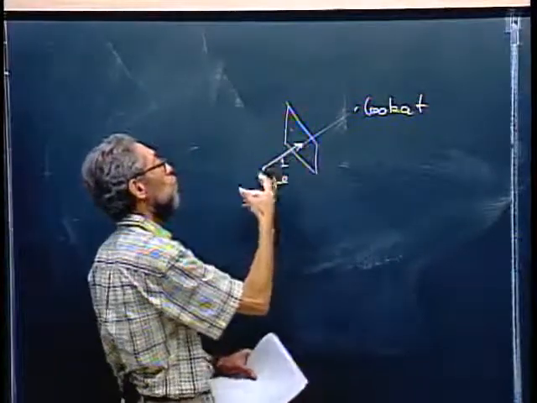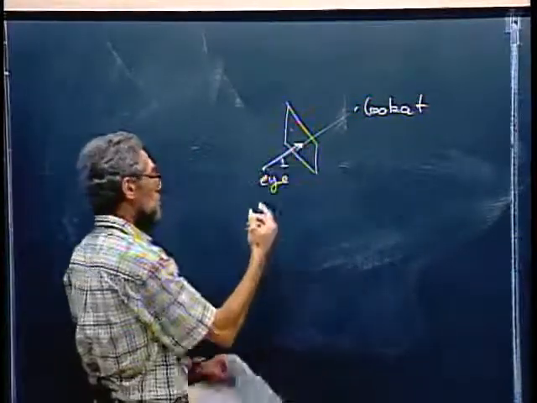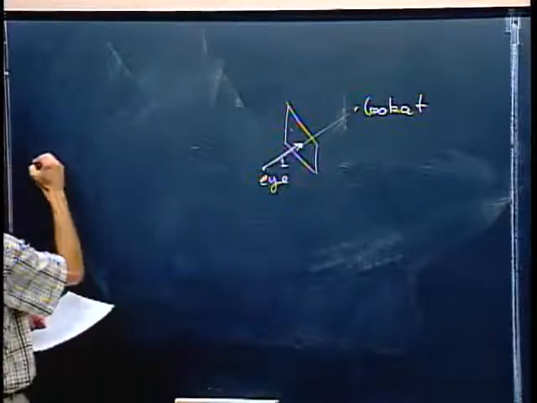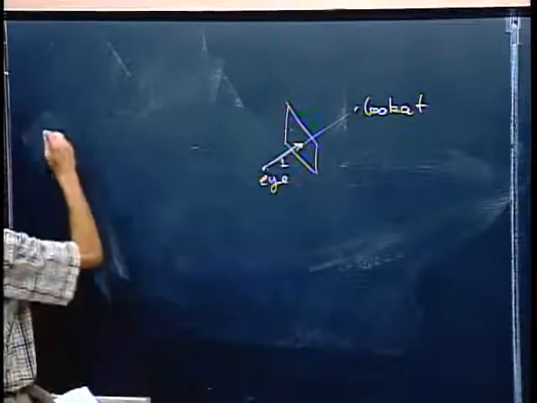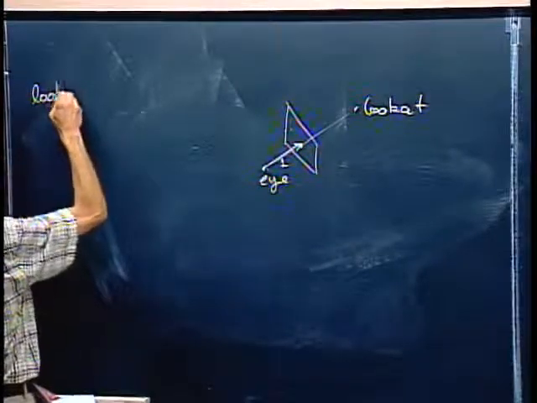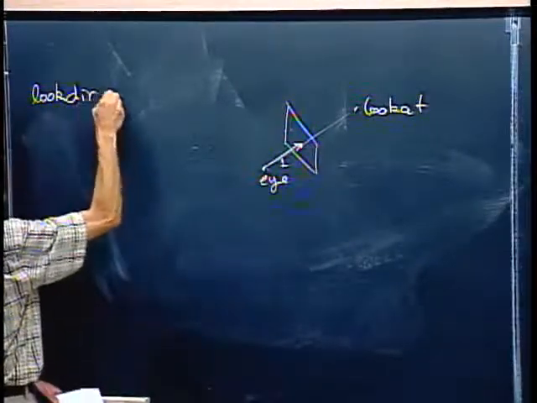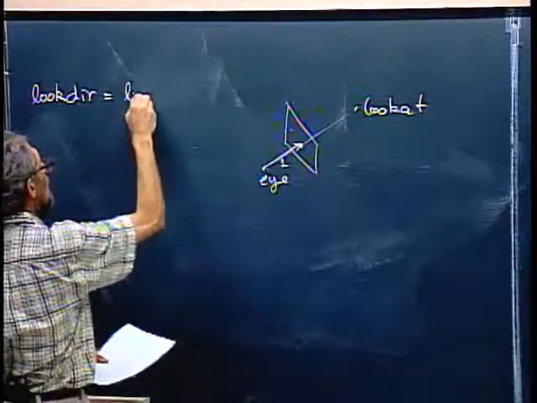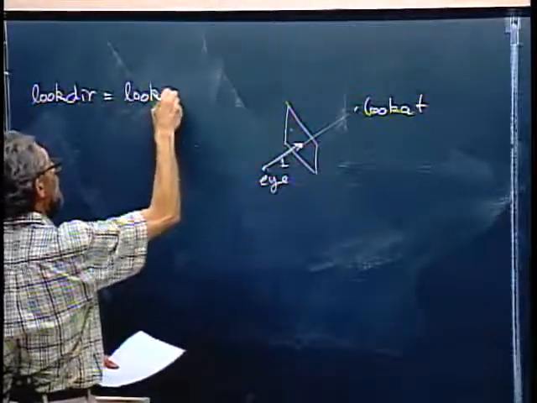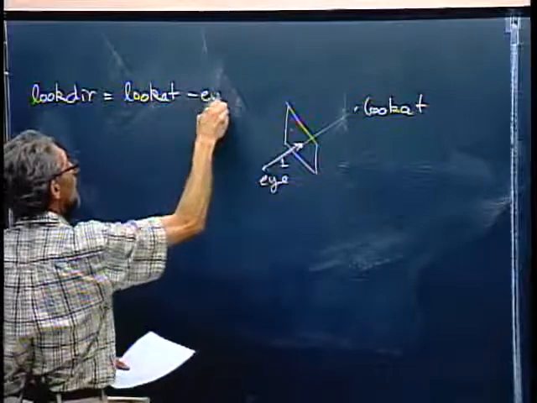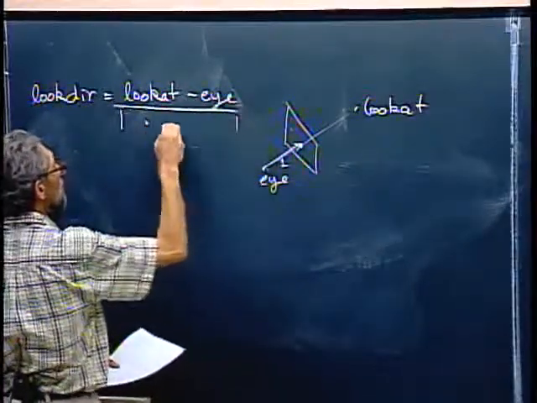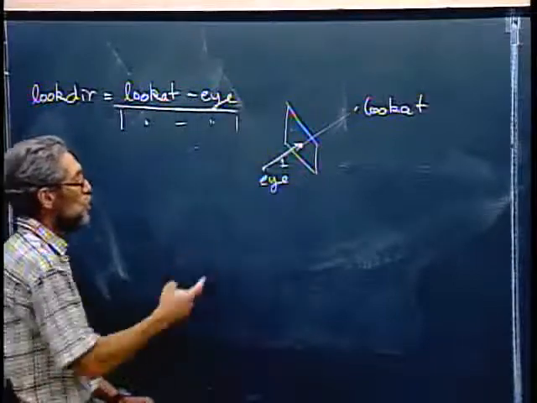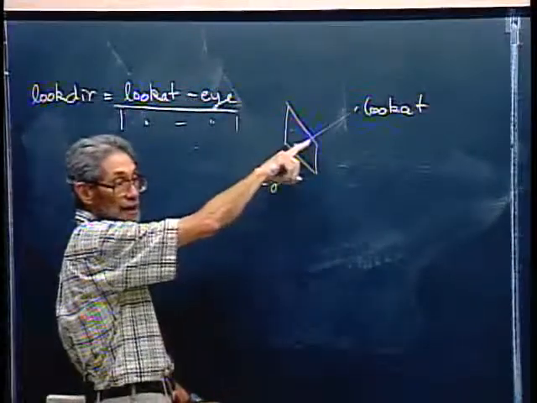We can form a look direction equals look at minus eye, over the absolute value of this vector. So it's a unit vector in the direction we're looking.